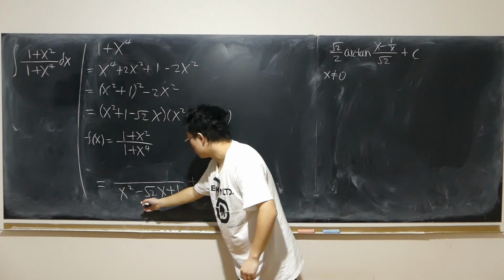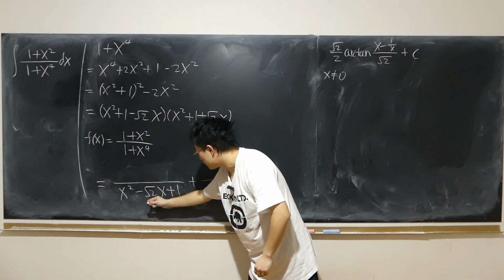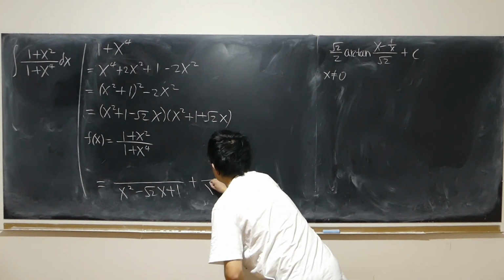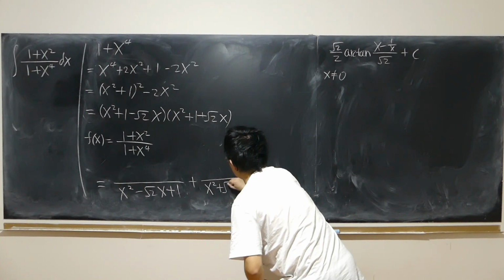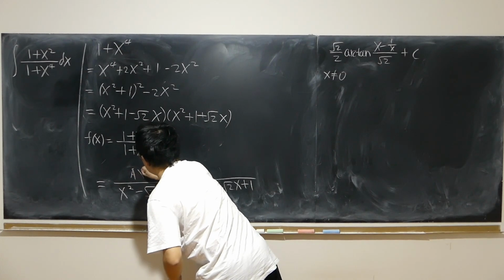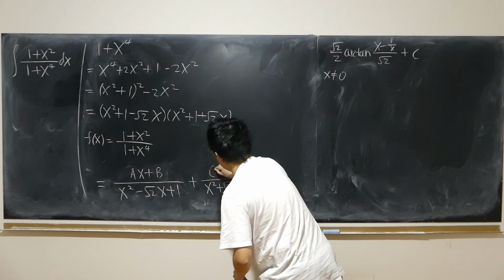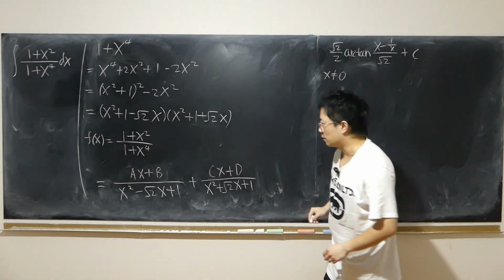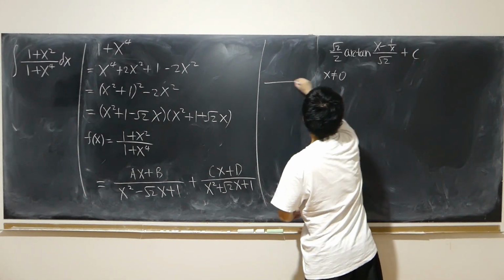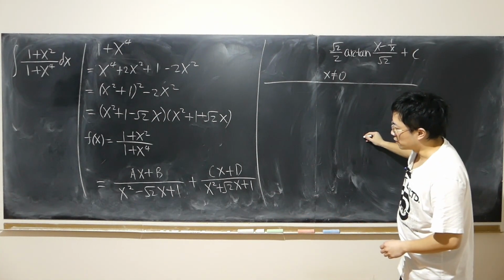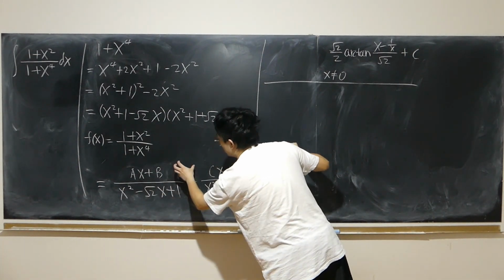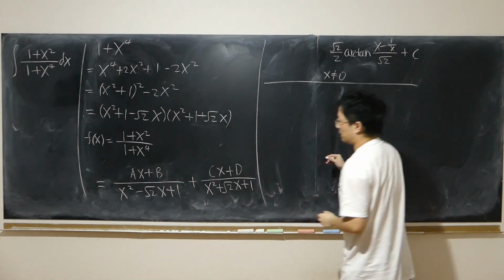Notice that the discriminant of this quadratic is negative, and so is this one, x squared plus square root of 2x plus 1. On top I have ax plus b and cx plus d. I'm going to determine these constants. First of all, this times that plus this times that has to equal the top.